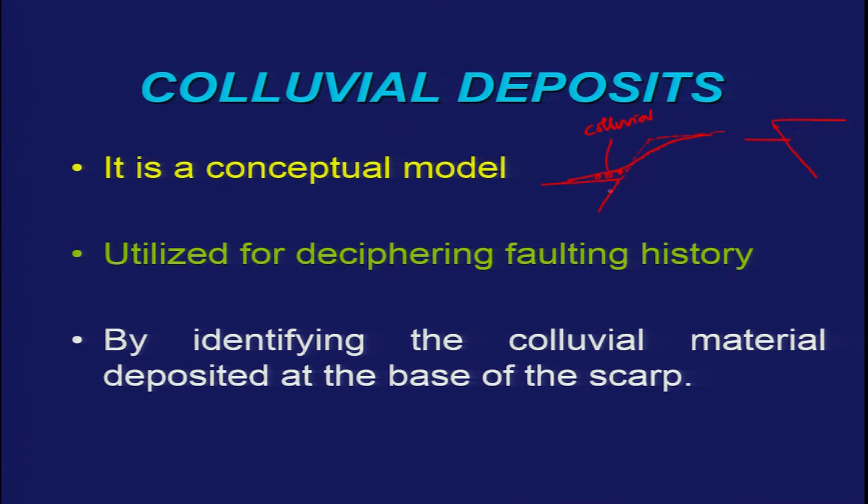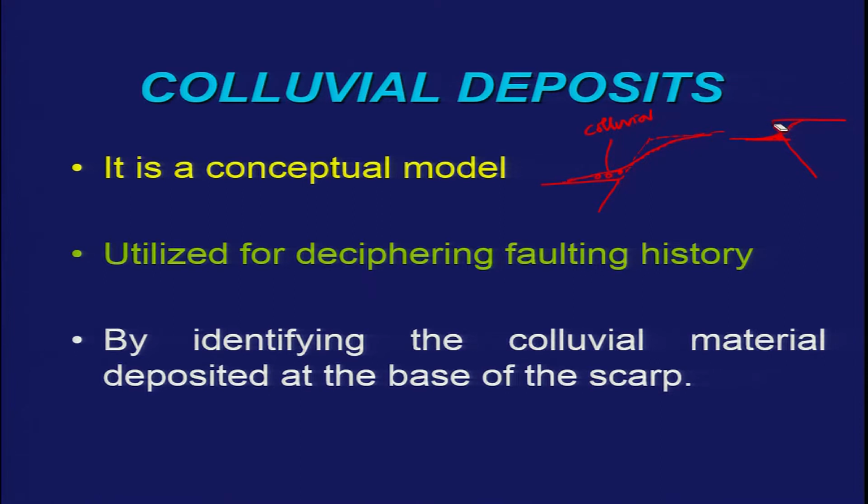Whenever there is the next earthquake, this colluvial deposit will also get displaced. So, if you are able to pick up the colluvial material, and as I told you I will come in the next slide to how you differentiate between the colluvial material and the rest of the material in that area which has been faulted, you will be able to talk about the faulting history. Similarly, here you will have the erosion of this scarp, and then another surface coming up, so you will have deposition taking place at this base.